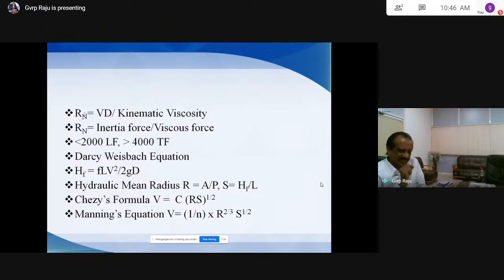This is important for objective type questions. What is the critical velocity? Critical velocity is the velocity for which the water flow changes from laminar to turbulent. Very, very important definition. The velocity of the in-between flow, between laminar and turbulent flow, is the critical velocity.